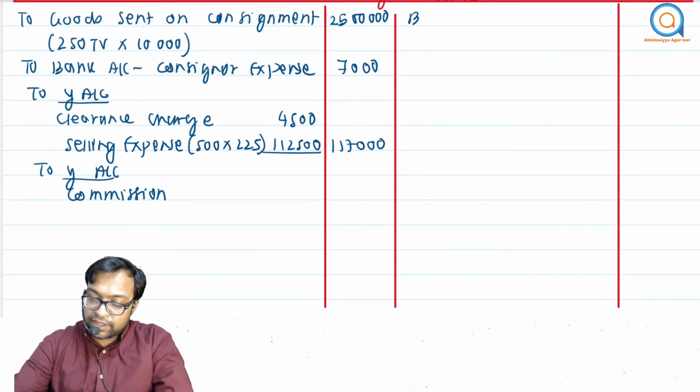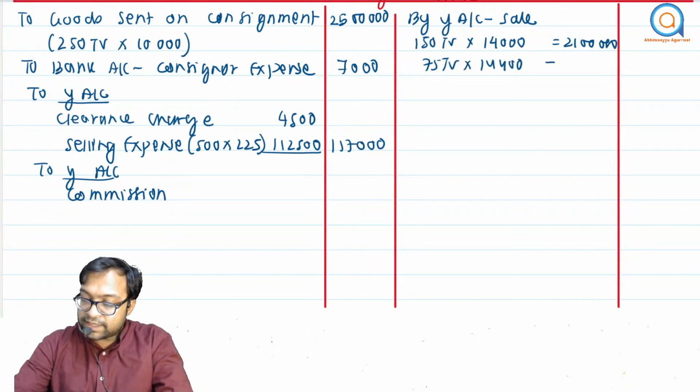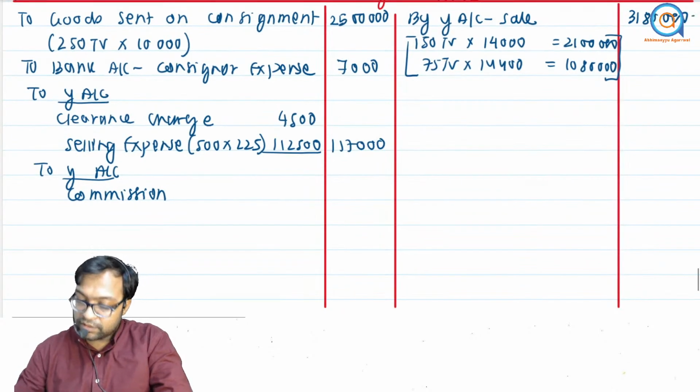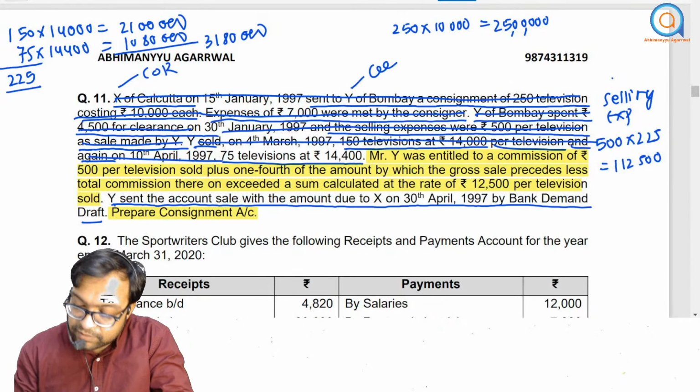Then on the credit side we should write by consignee and we should fill sale. 150 televisions were sold at the rate 14,000, so it is 21 lakh. And 75 more televisions were sold at 14,400. That is 10 lakh 80,000. Now if you combine both, the sale value of the goods is 31 lakh 80,000.